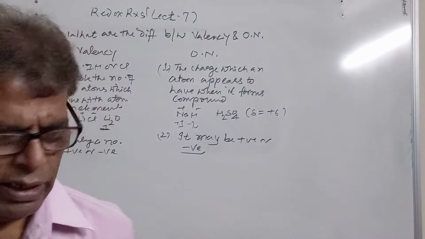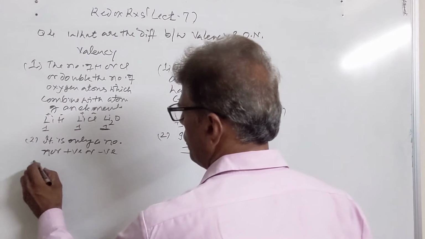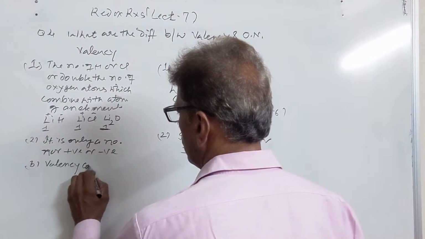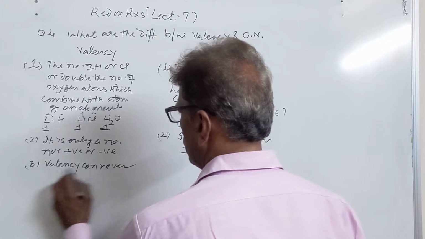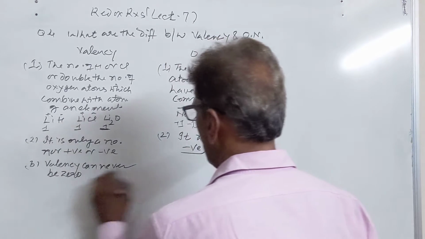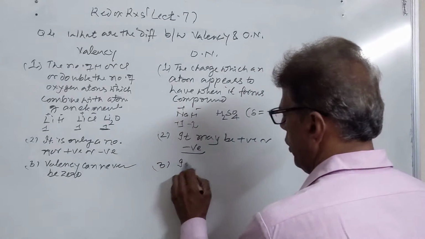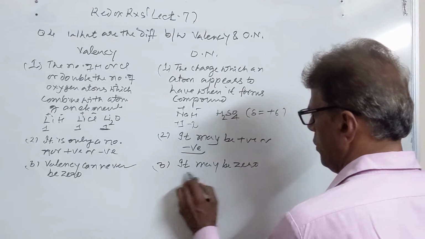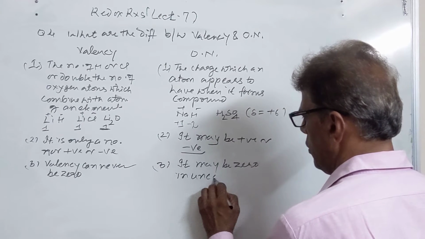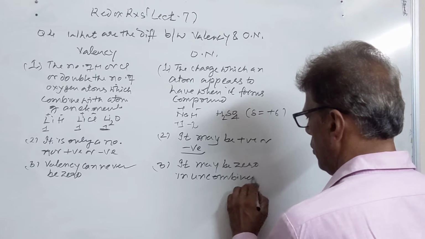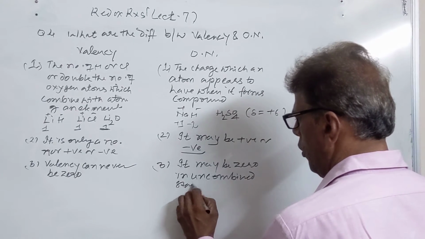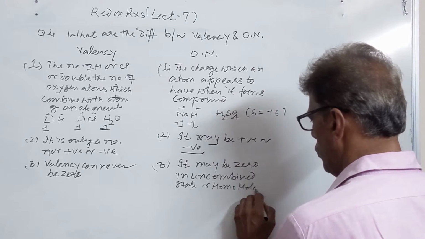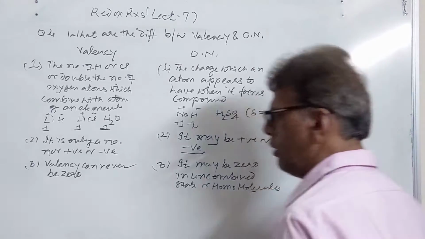Then valency can never be 0, whereas oxidation number may be 0 in the uncombined state or in homomolecules, which are found between atoms of the same element.